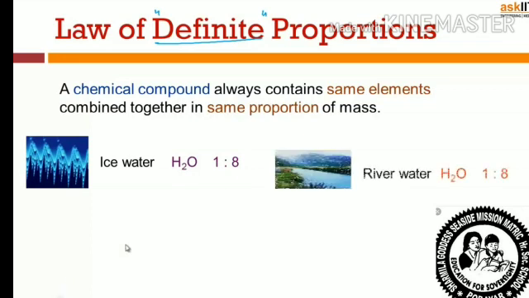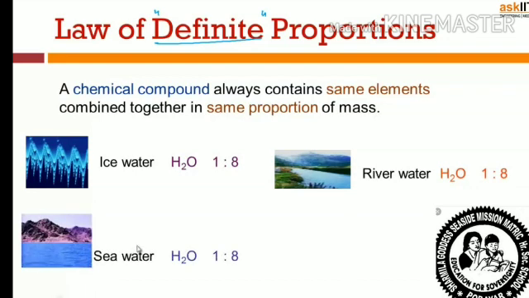If you take river water, it also has the same elements, hydrogen and oxygen, combined in the same ratio of mass. Similarly, seawater also contains hydrogen and oxygen combined in the same ratio.